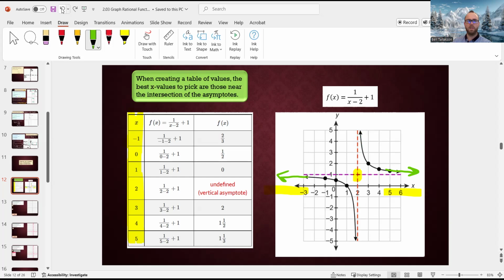Okay, so my point is, pick x values near the intersection there. So maybe 3, 4, 5, 1, 0, -1, things like that. So you get a good idea of where this curve is and how stretched or compressed it is, if at all.